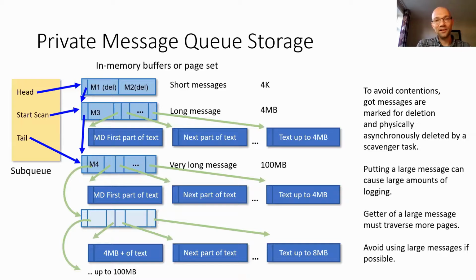So not only can putting large messages to a queue cause a large amount of data to be logged, increasing your I/O and CPU usage, but getting those messages is also going to be slower than getting a small message, and you might have more I/O as well. So smaller messages are more efficient is essentially the story that you can take away from here.